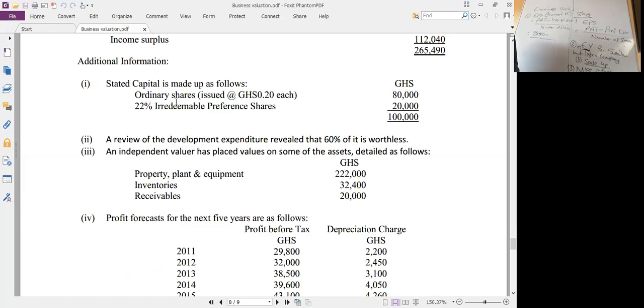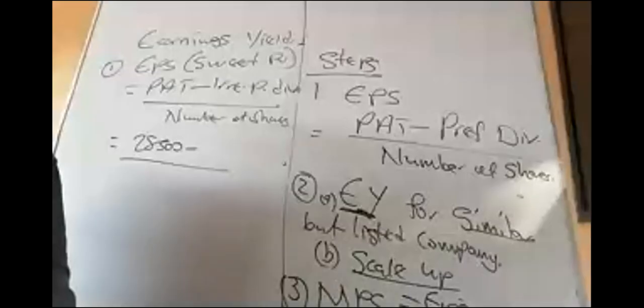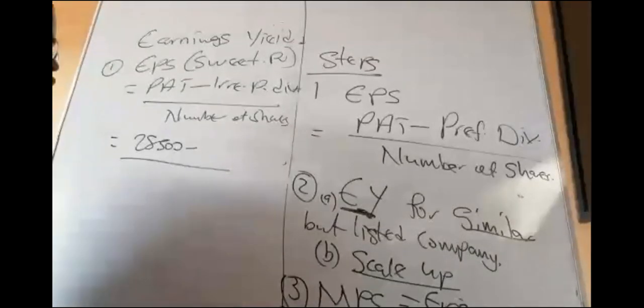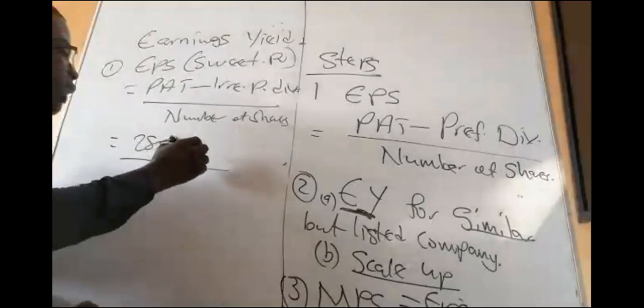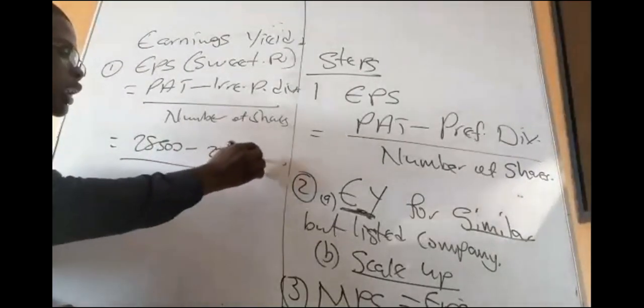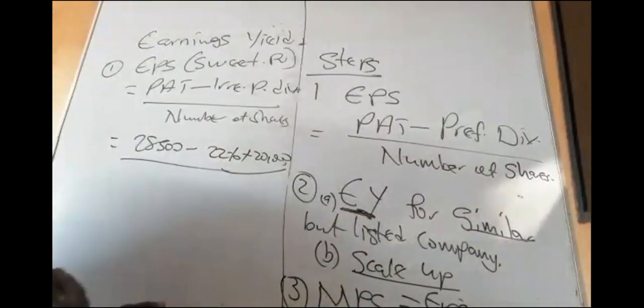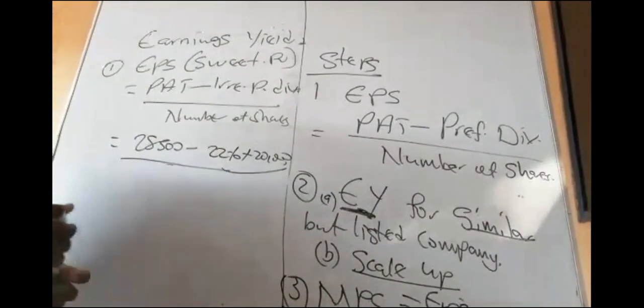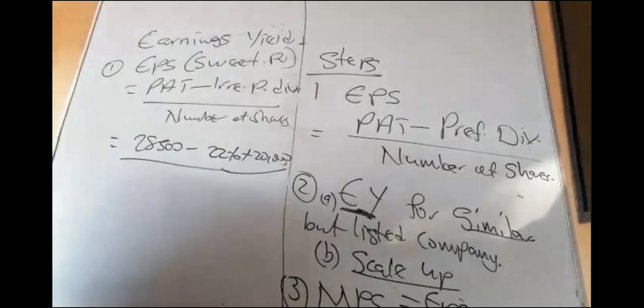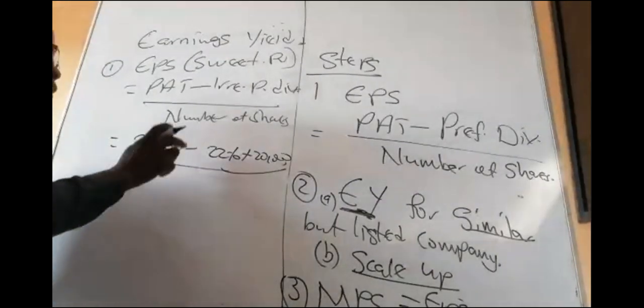So here it is. That will be 22% times 20,000, which is 4,400. So minus 22% times 20,000, then all divided by the number of shares.